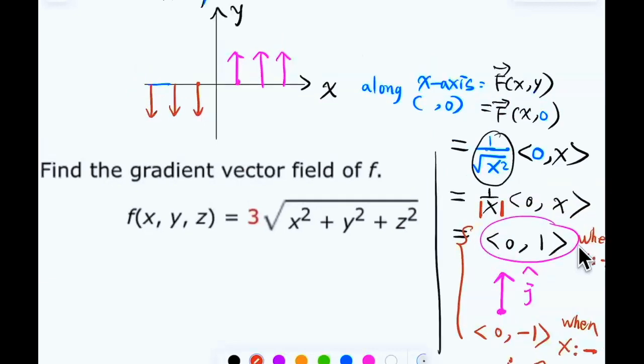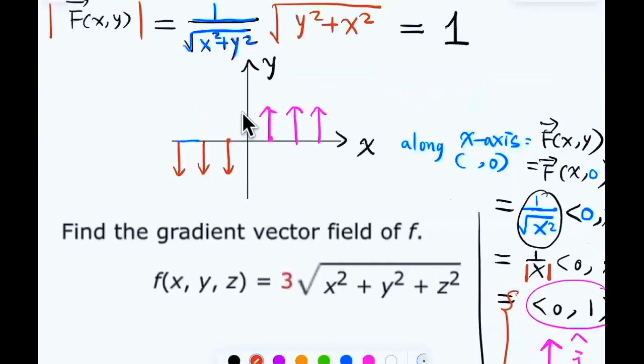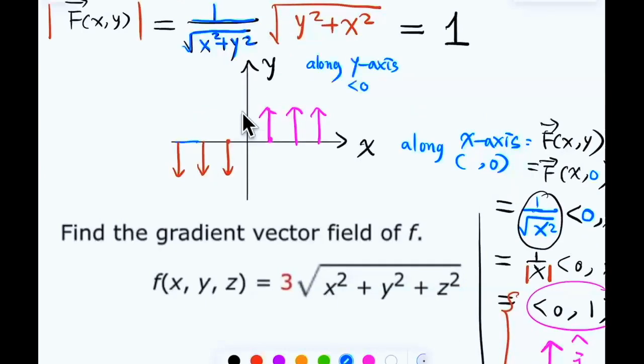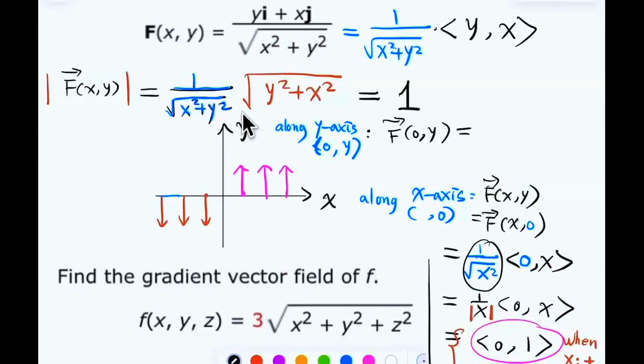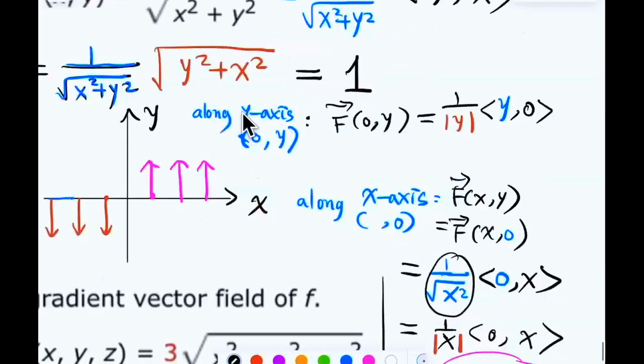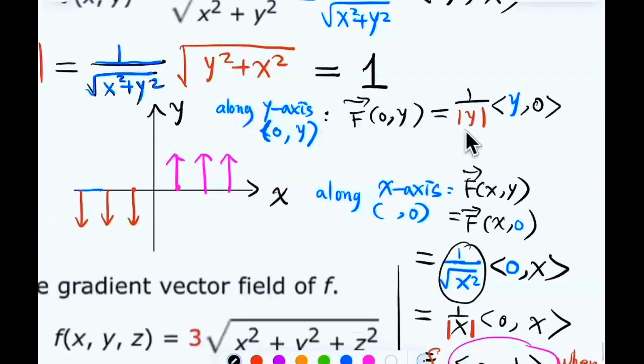All right. Now let's think about along the y-axis. What happens? So x will be 0, right? And the vector is 1 over the absolute value of y times y here, and x will be 0. So looking at this, when y is positive, what do you get?